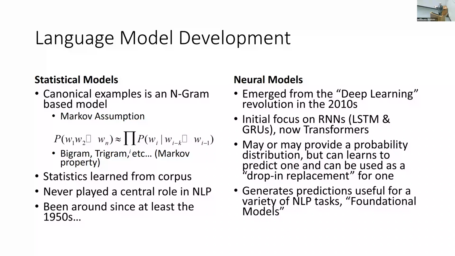They may or may not provide a probability distribution, but they can certainly predict one, and you can replace any language model with them. The other word you may hear is foundation model, like GPT-3, GPT-4. These are the big pre-trained models that people are talking about.